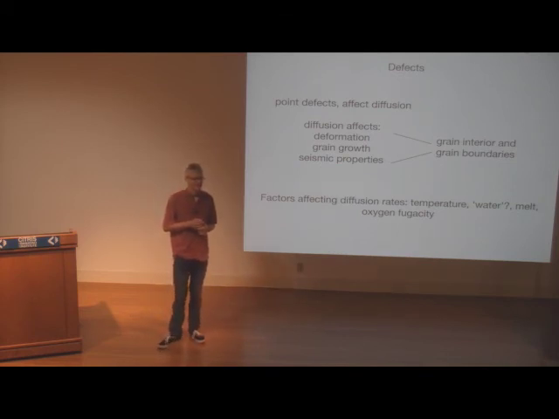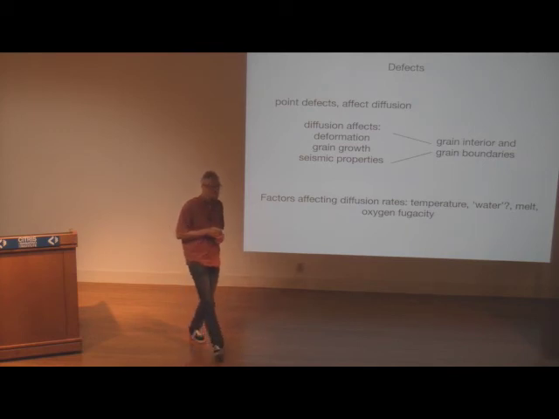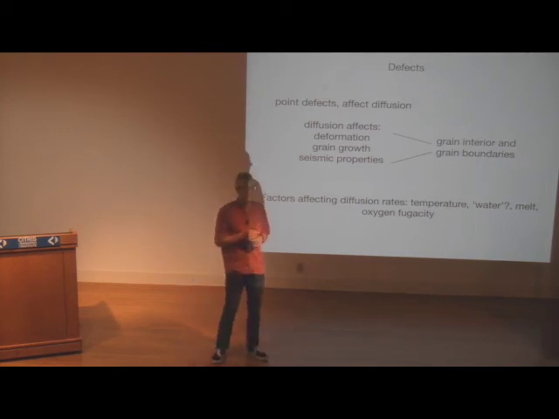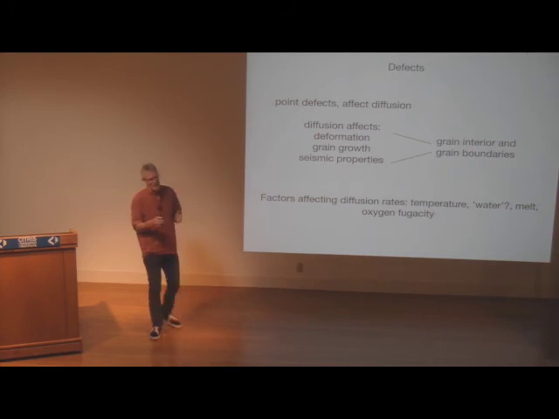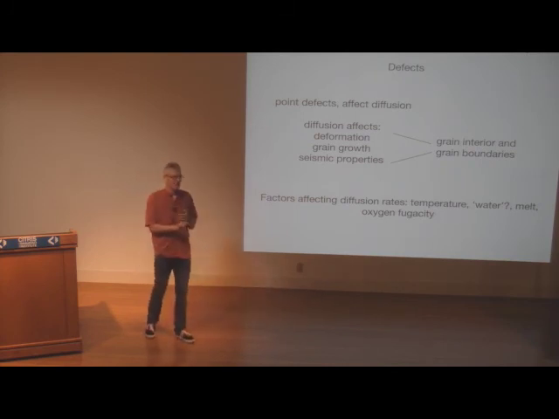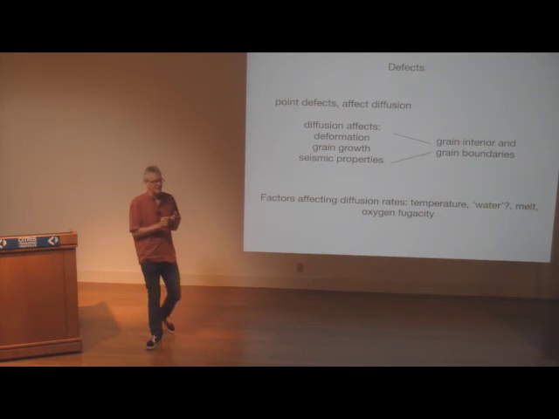So my question is, how would you estimate the grain size and the dislocation density in the real mantle? Yeah, that's a very good question, and it's indirect. The direct observations you have are from xenoliths and from peridotite massifs, and maybe Jessica will talk about that a little bit.